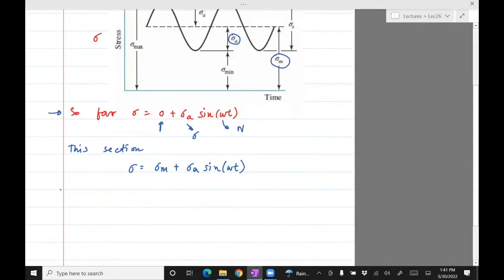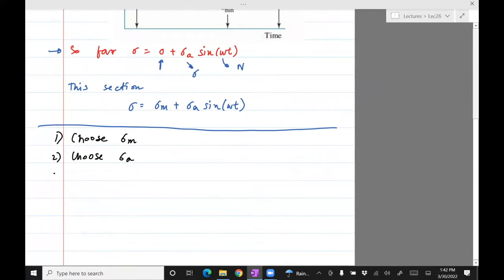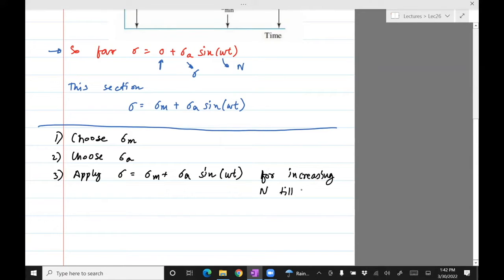So in order to understand failure, what we do is, 1, we'll choose sigma A, apply sigma equals sigma m plus sigma A sine omega t for increasing n till failure.